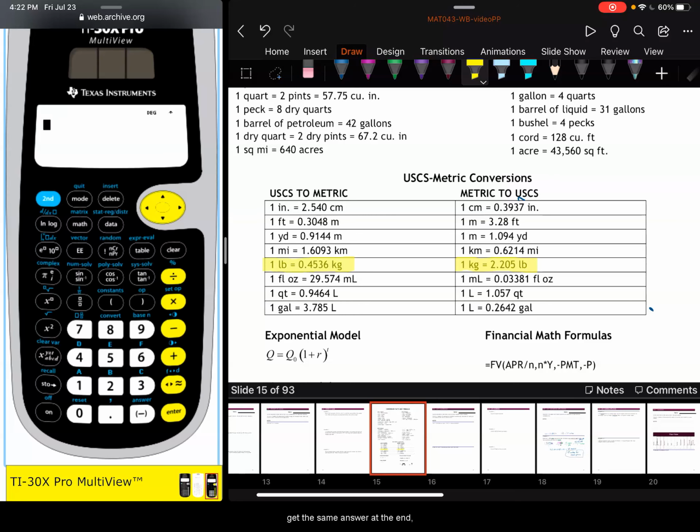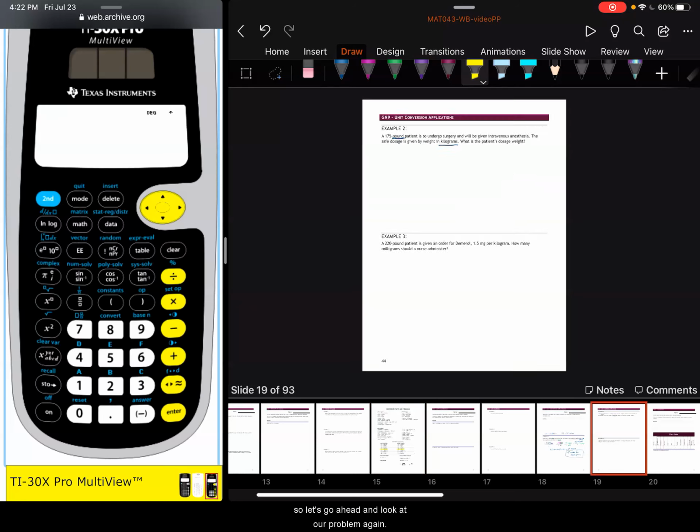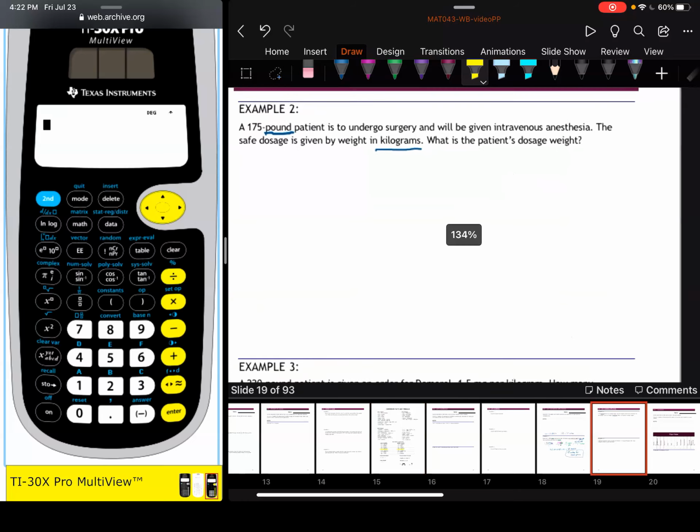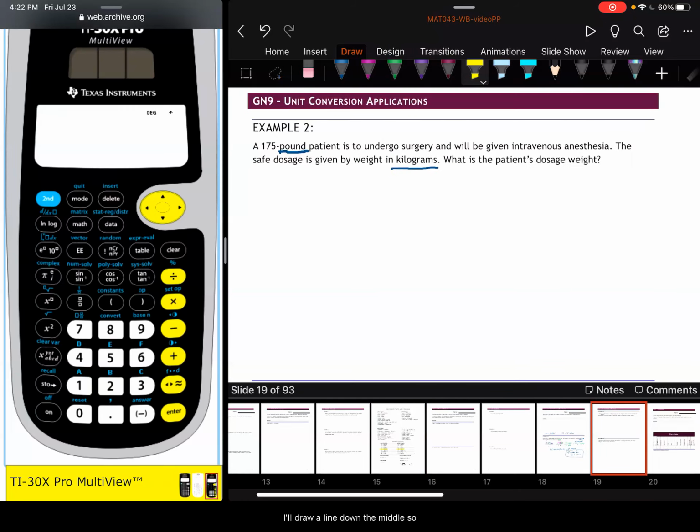So let's go ahead and look at our problem again. I'll draw a line down the middle so we can do it with each conversion fact. So we would start with our 175-pound patient. I'll put that over 1 because, again, any whole number can be put over 1.